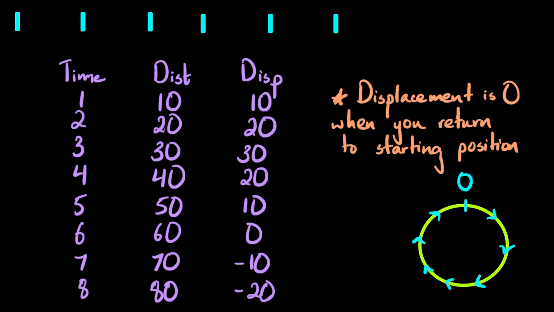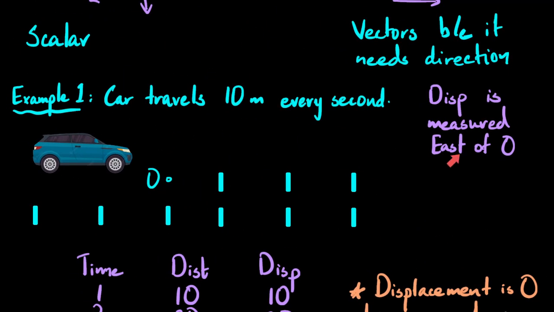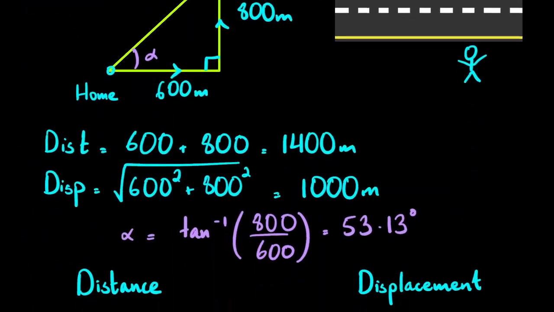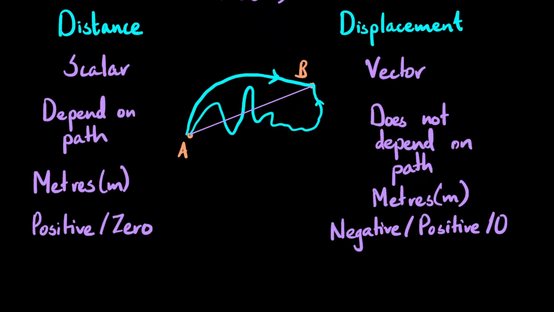When we were to the left of the origin, because right is what was defined as positive, the displacement was turning out to be negative. So displacement can be positive or negative or zero, whereas distance can only be zero or positive.